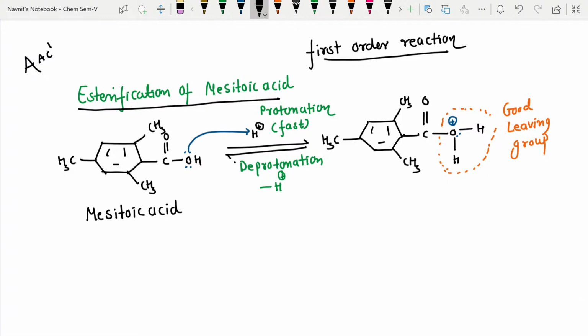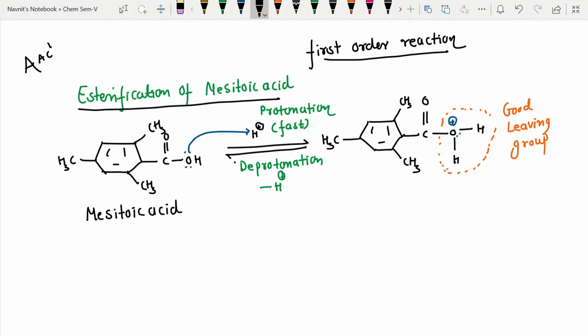Later on we will discuss why this acylium ion is stable. As I said earlier, this acylium ion is stabilized by two effects: one is the mesomeric effect and another is hyperconjugation. I will discuss in detail after the completion of this mechanism.